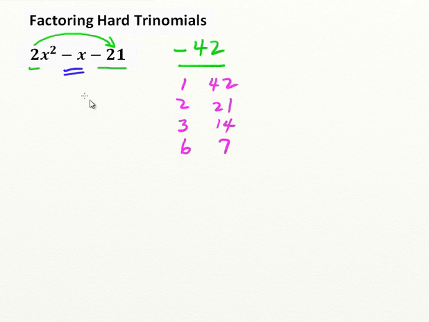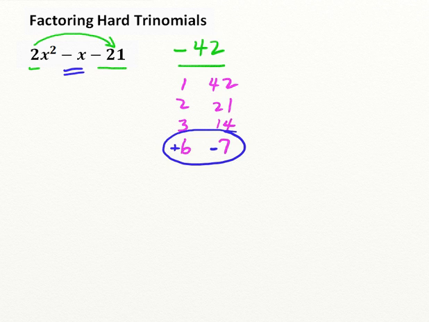And I think you can clearly see that the two factors standing out are 6 and 7. If I place the positive with the 6 and the negative with the 7, when I add those together, I'm going to get -1. So these two are the factors that I'm going to use to complete this question.